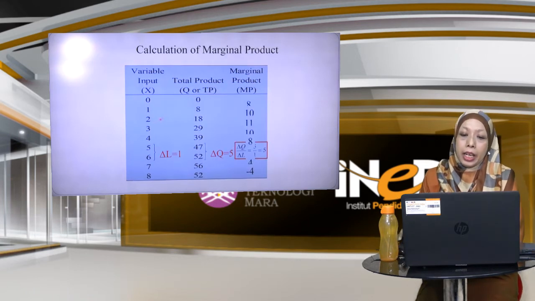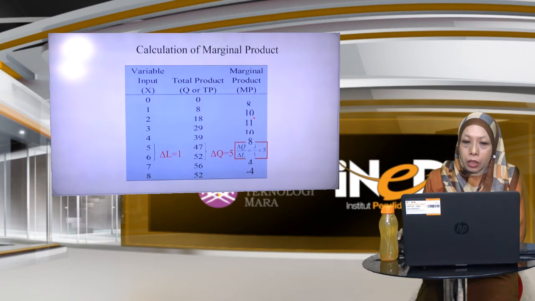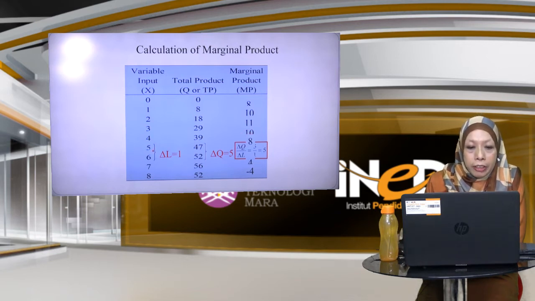So what I have here is a complete column for marginal product. Every time I add in labor, I calculate the contribution of each labor. For example, if initially you have 5 workers and total output in the company is 47, but when you hire 6 workers, the total output produced becomes 52.